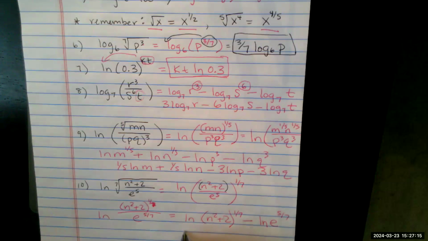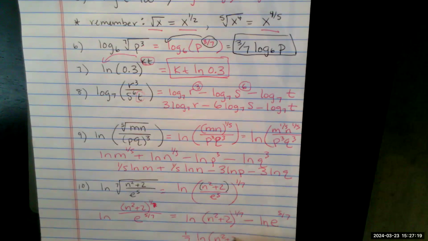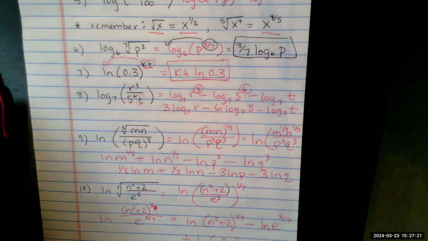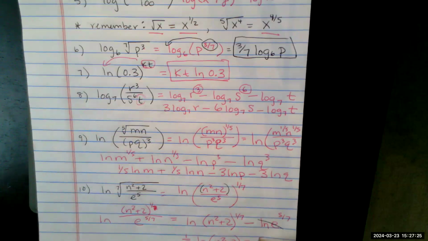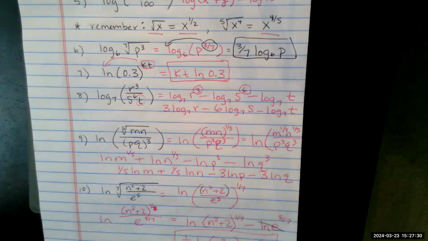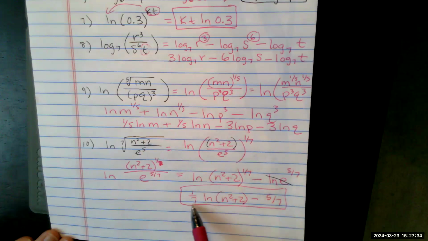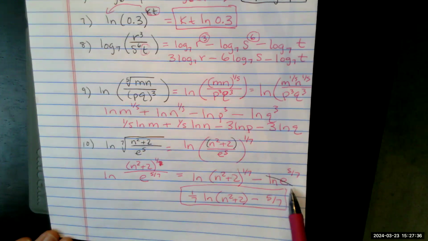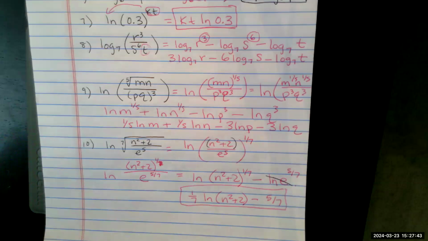We can bring the exponent out front for this one. But for the next one, I noticed that I have an ln and an e next to each other. So those just wipe out, and I just have the 5/7 by itself. So I brought the 1/7 out front. And then here I noticed ln e were next to each other, so I could wipe them out and make it so that I only have the 5/7.